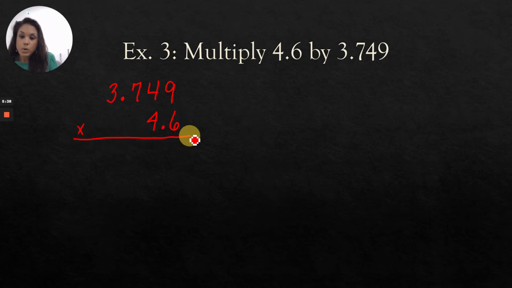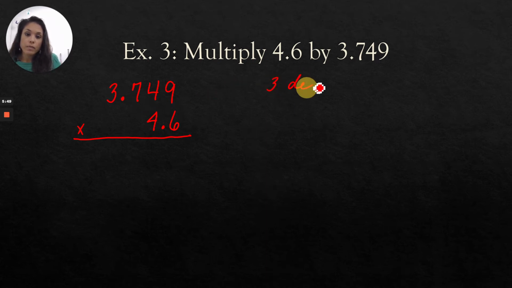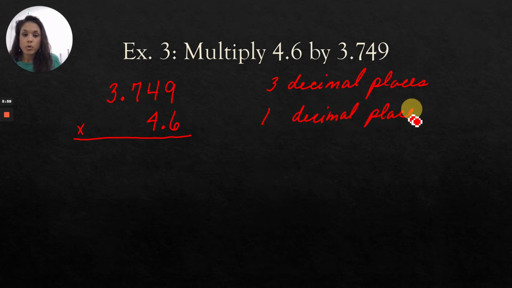It is different for multiplication because it's all about counting the decimal places. So my top number here, I have 3 decimal places. Write it over here, 3 decimal places. And then here I have 1 decimal place for a total of 4.